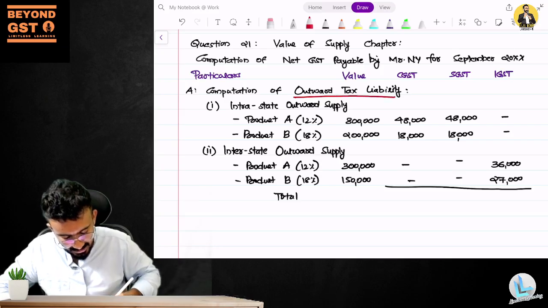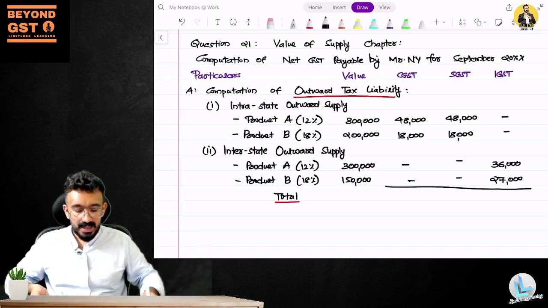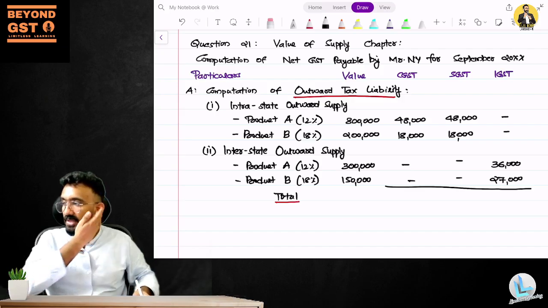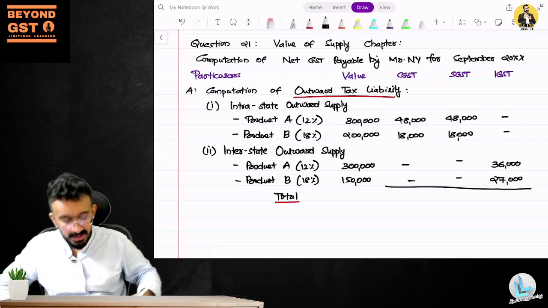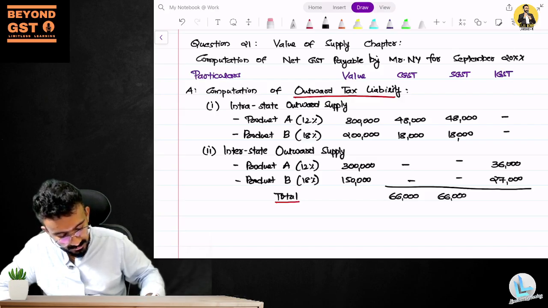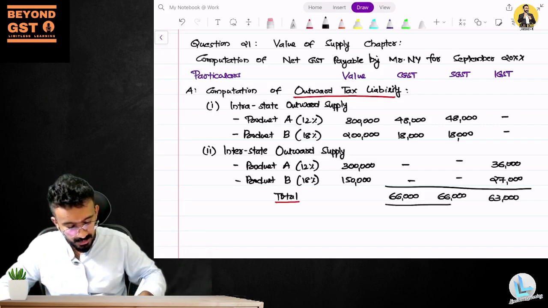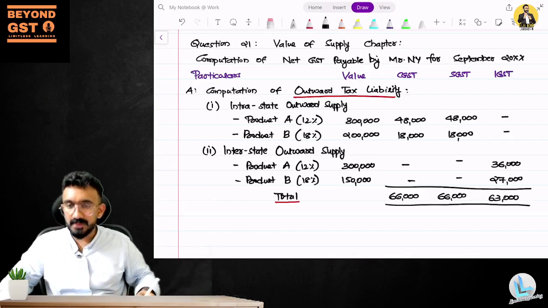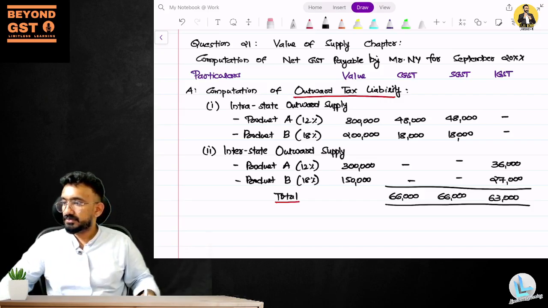The total would be 18,000 plus 48,000, which is 66,000. This is also 66,000. This is 63,000. I put only one underline. I don't need to total the value column, I just need the total for GST to set off. Are you all with me?